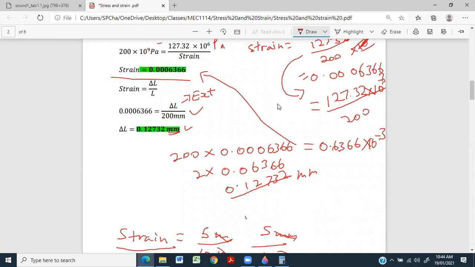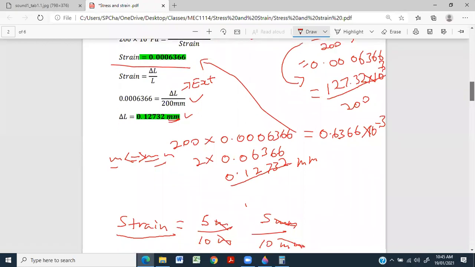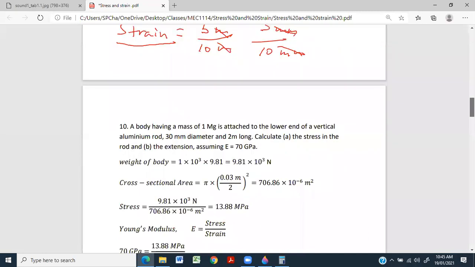If one is in meters and the other is in millimeters, then you've got to convert from meters to millimeters. Just make sure whatever the top is, the bottom is, and whatever you put in is what you're finding. If you put in millimeters, you're going to be finding millimeters. Good.